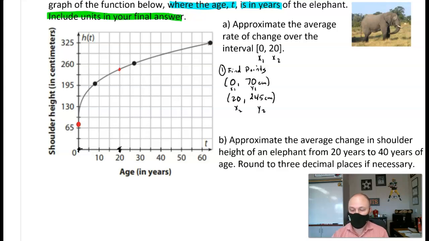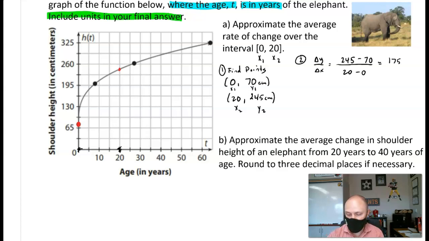After you have your points, you're just going to calculate delta y over delta x. So our y values, 245 minus 70, divided by 20 minus 0. If you have a calculator, you can compute that, or compute it by hand.